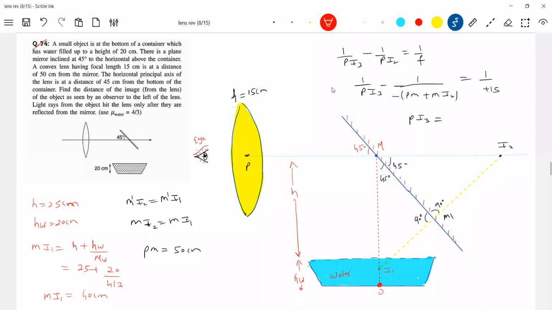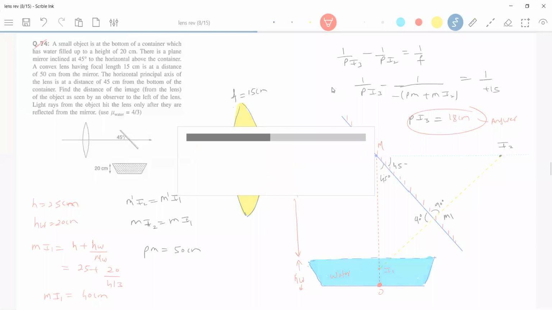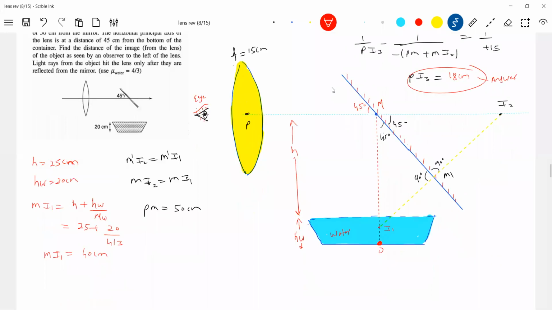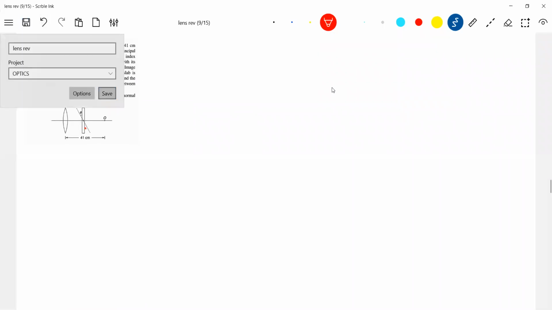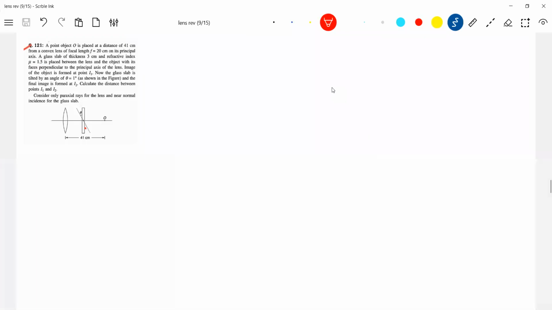Yeah, fine. Yes, sir. PI2 18 centimeter. PI3. Don't get scared. So many things. The ideas are simple. I'll magnify a little bit.